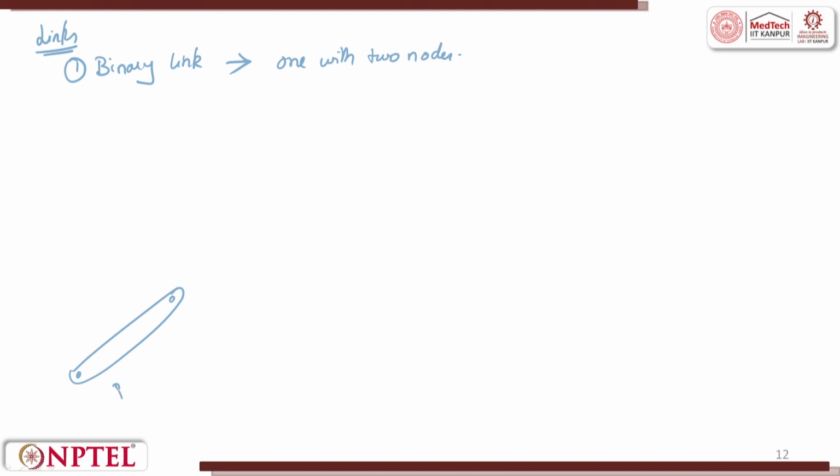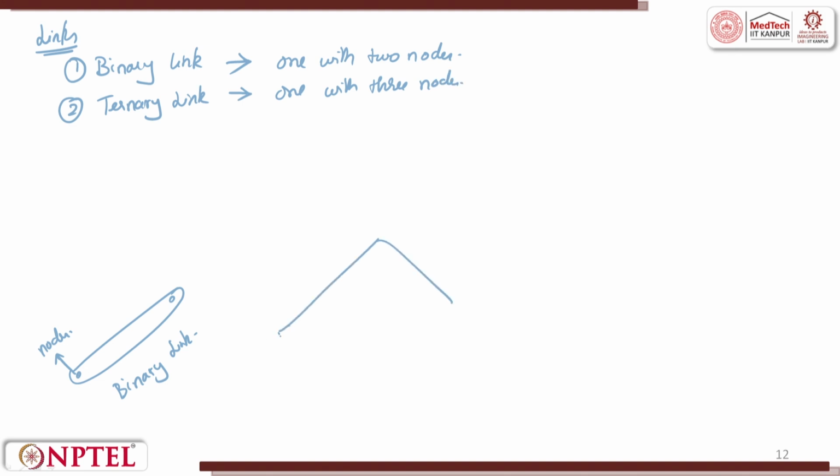This is called a binary link. And what are these? These are called the nodes. You can have ternary links, here you will have one with 3 nodes. It is like a triangle. This is ternary.